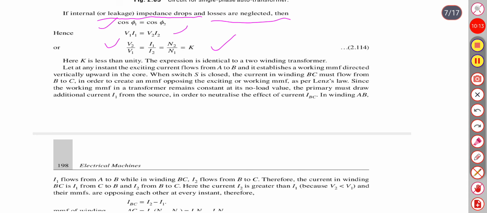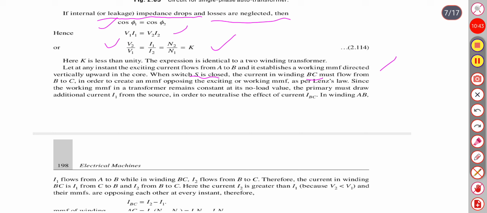Let at any instant the exciting current flow from A to B and establish a working MMF directed vertically upward in the core. When the switch S is closed, the current in winding BC must flow from B to C in order to create an MMF opposing the exciting or working MMF, as per Lenz's law.